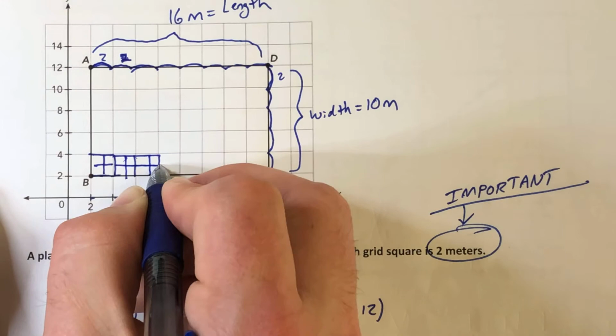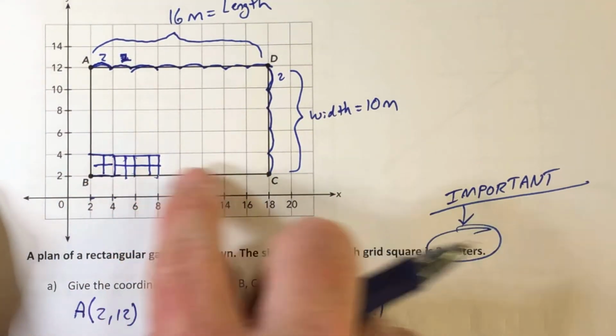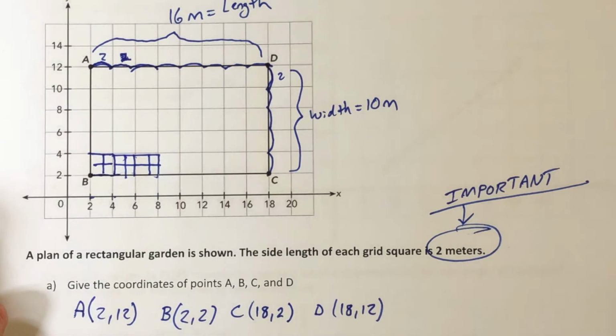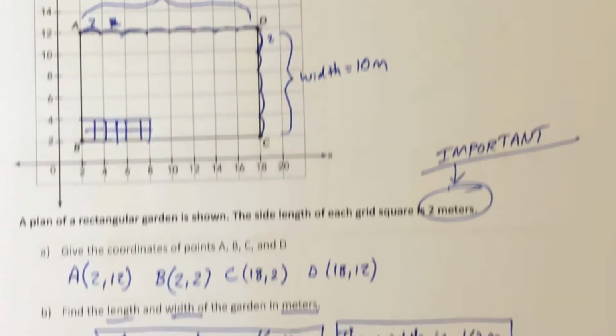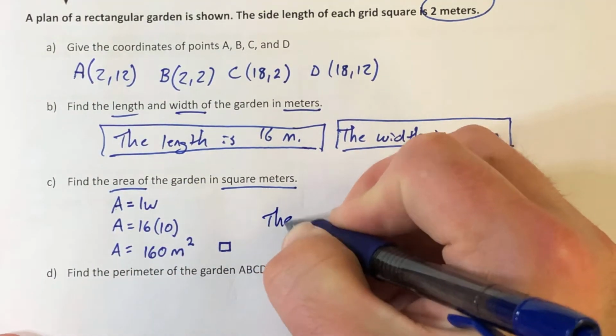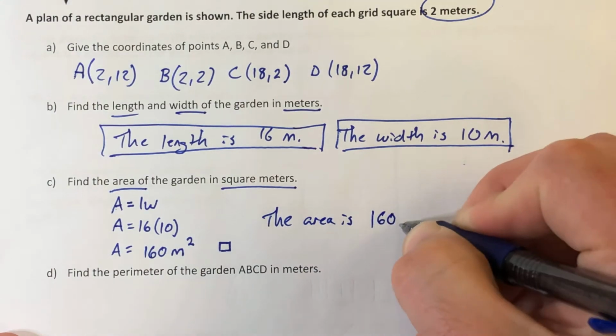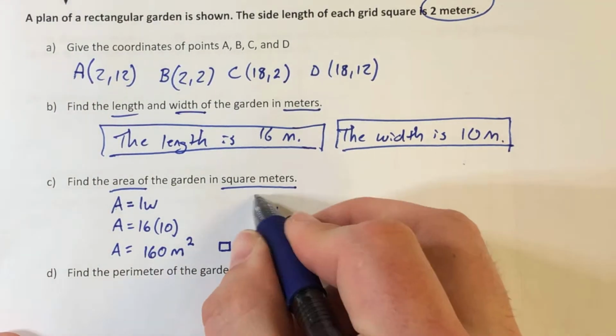So imagine 160 of those square meters in there. All right, let's officially answer. It says find the area. We're going to say the area is 160 meters squared.